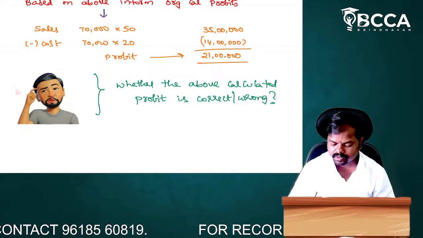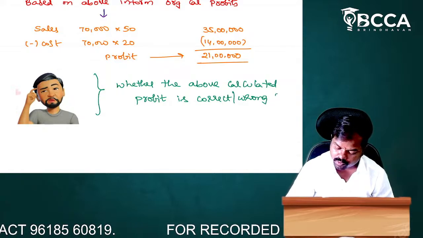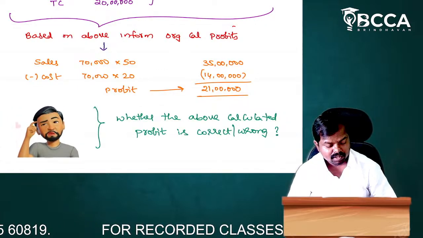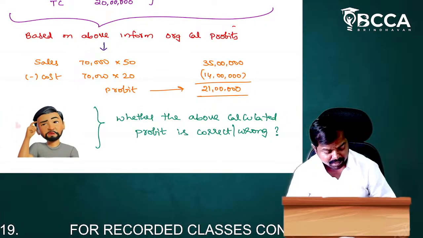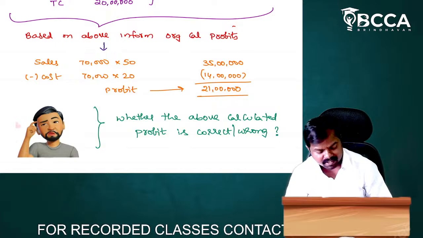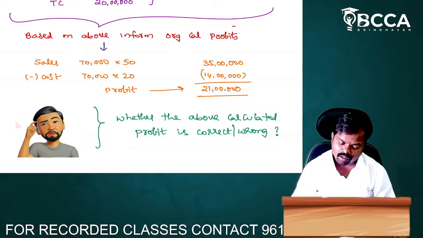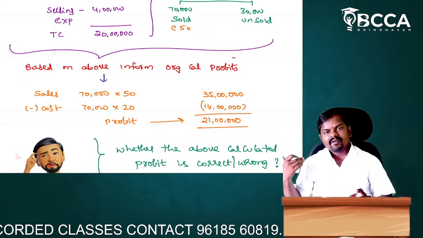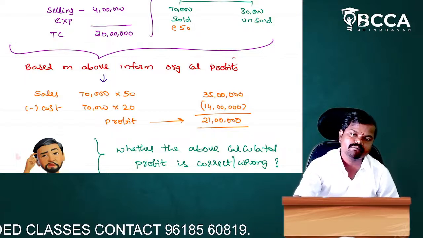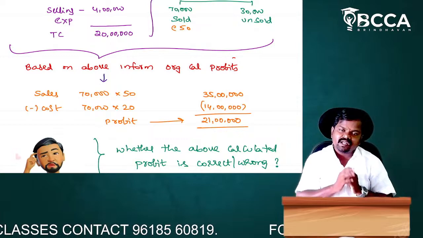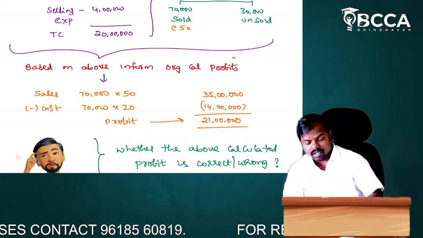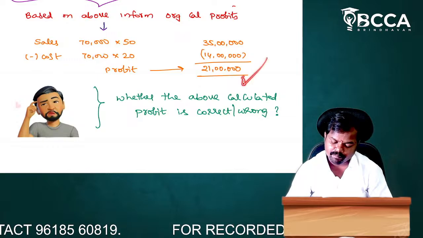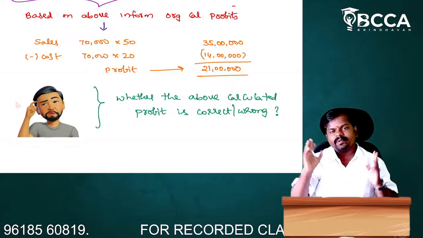Please think and decide whether this answer is correct or wrong. I will give 1 minute, revise the entire data and conclude whether this 21 lakh calculation in the table is correct or wrong.